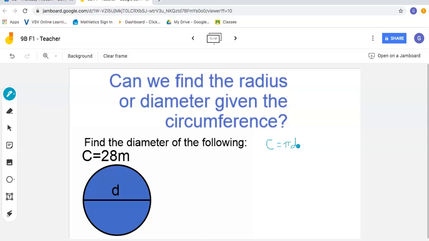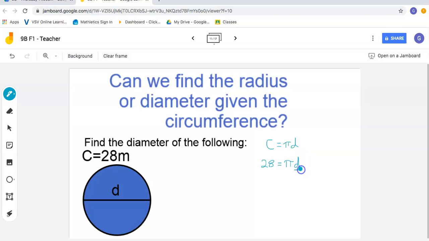But in this case, because we have the value for the circumference and need to find the diameter, we need to substitute C for the circumference, which is 28 meters. Then we'll rewrite this formula: 28 equals pi times the diameter.